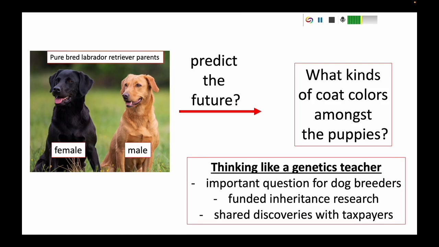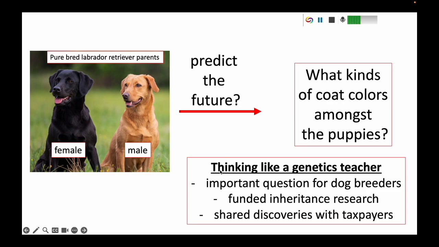Now, I'd spent a lot of time being a genetics teacher, and with curiosity and teaching purpose, I'd learned a lot about what was known by dog geneticists' work about the genetic control of coat color in Labradors. So I said, yes, it is very possible to make some reasonable predictions.